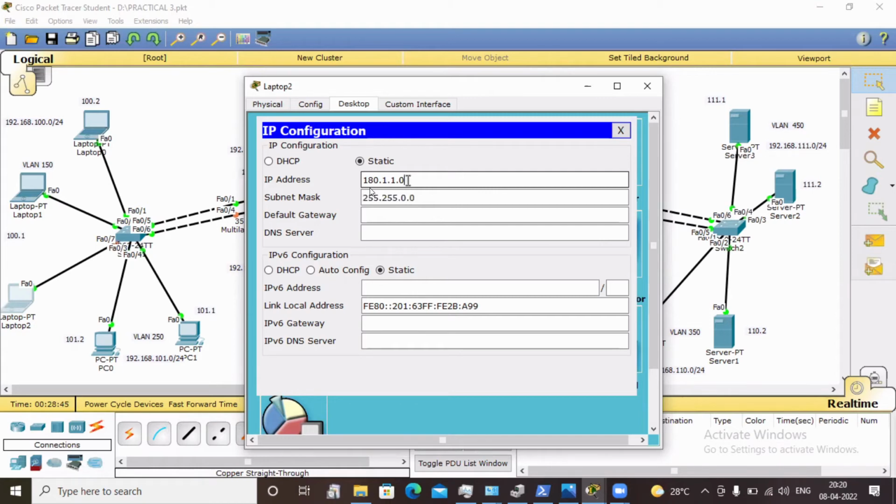It will be two. 180.1.1.2. Gateway 180.1.1.1.